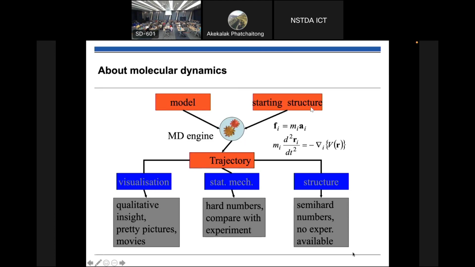That is the first solvation shell. To calculate the first solvation shell, what you generally do is the RDF, the radial distribution function. That is your semi-hard number, and those things can also be obtained from experiments, so you can compare. Structure factors can be calculated from experiment, so you can check your structure factor for certain systems and compare that.